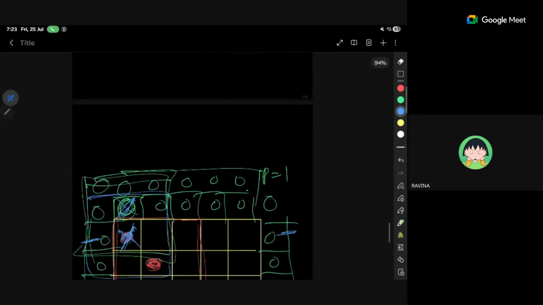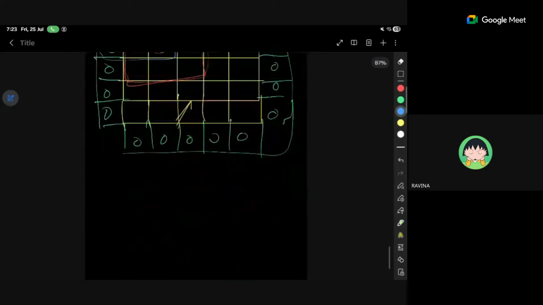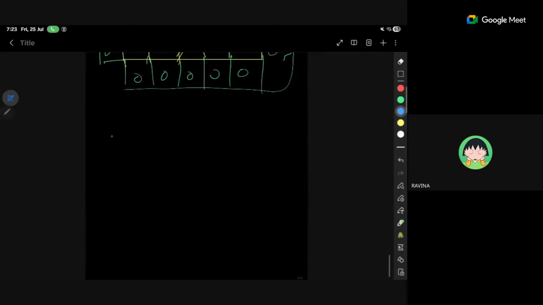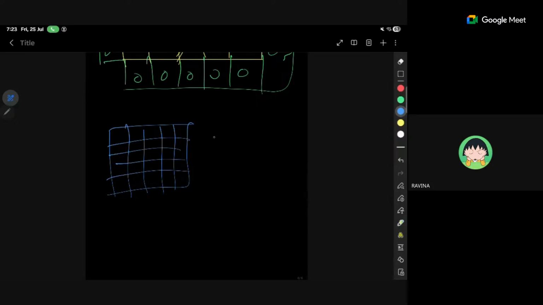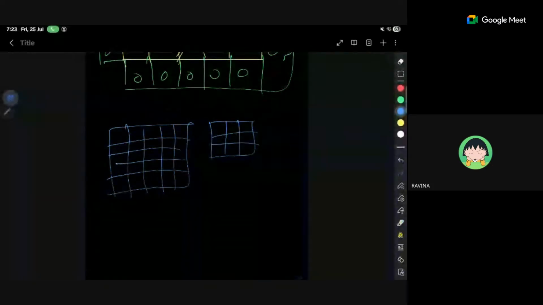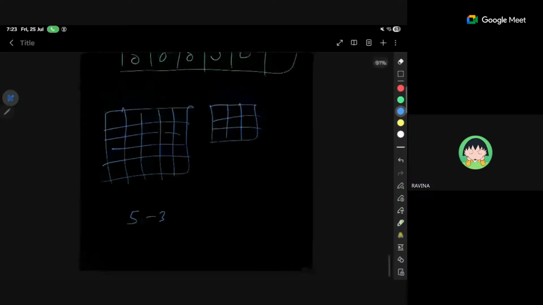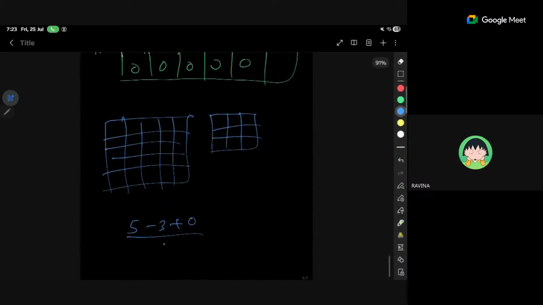Now maybe you can try with a small case also. Let's say I have 5 cross 5 and a filter of 3 cross 3. Now what size am I going to get? With the formula, that should be 5 minus 3, with no padding so 0, and let's say stride is 1, plus 1.